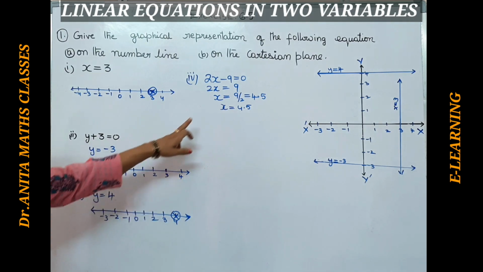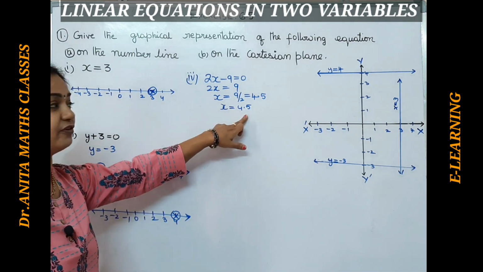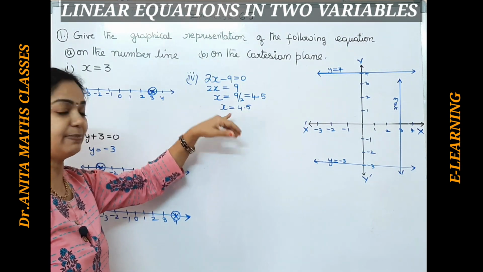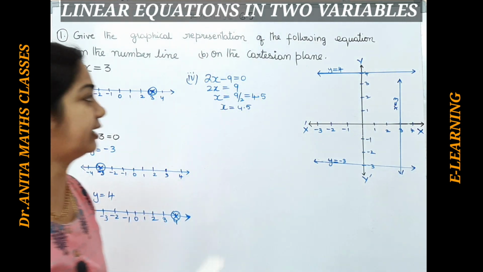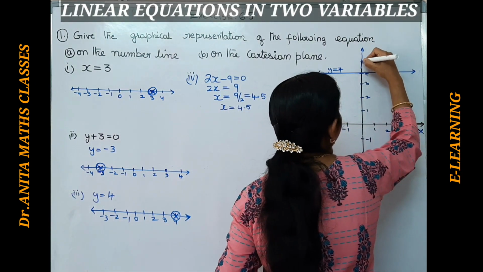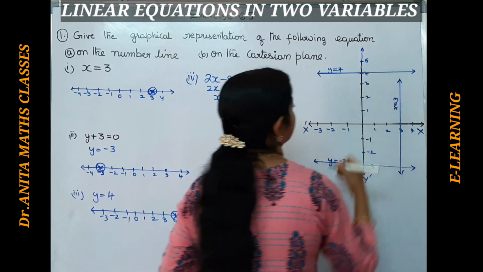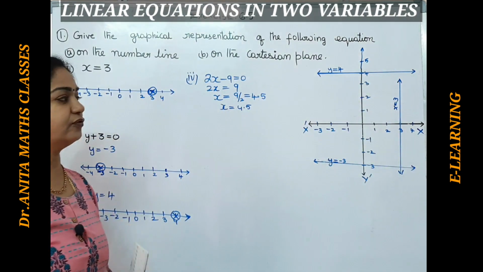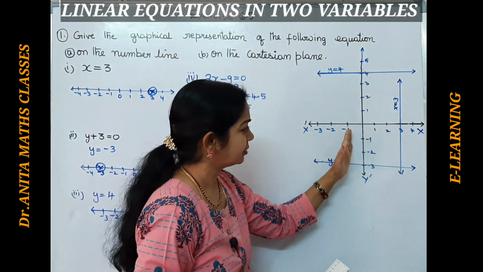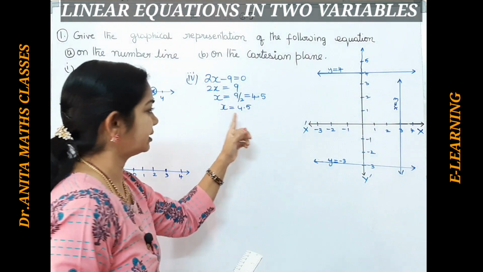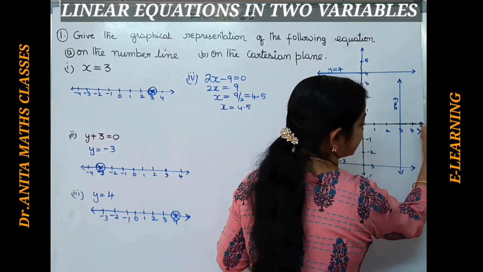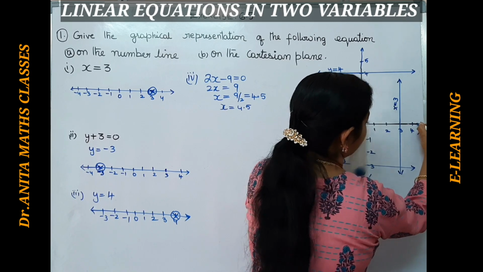So that means here x equal to 4.5 is a line parallel to the y-axis. If you are taking the y-axis and extending it, suppose this is 5. Now x equal to 4.5 is parallel to the y-axis. If this is 5, this is 4.5.